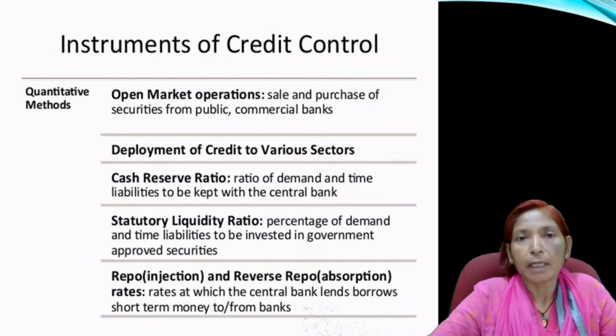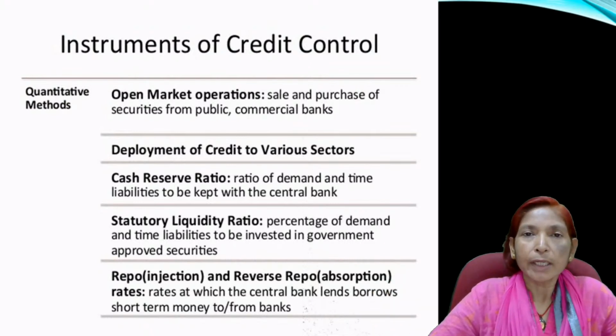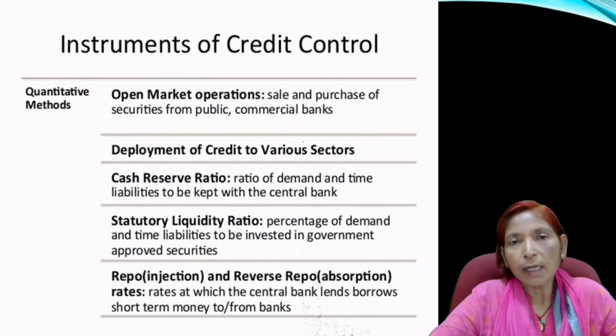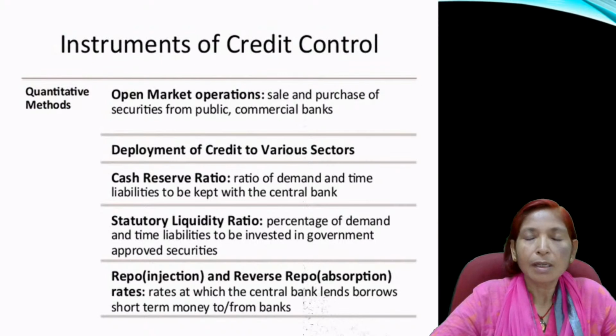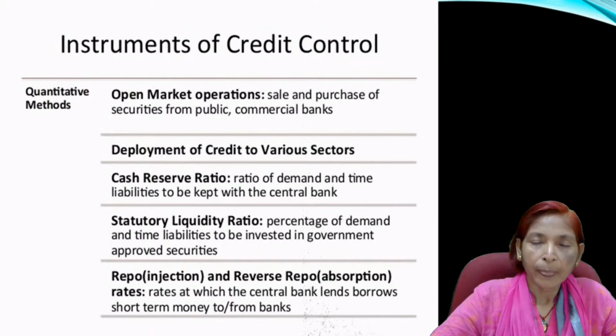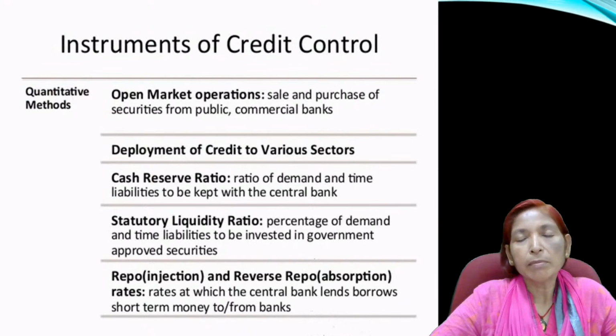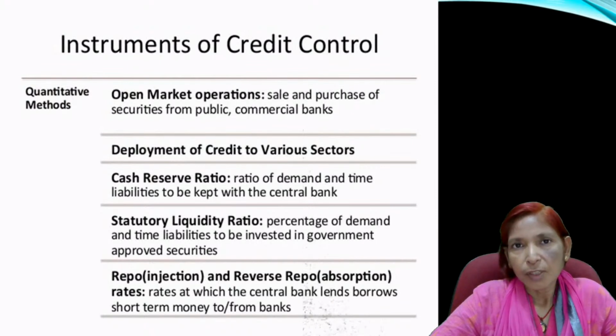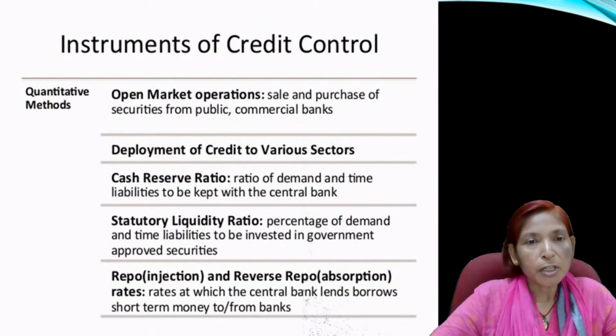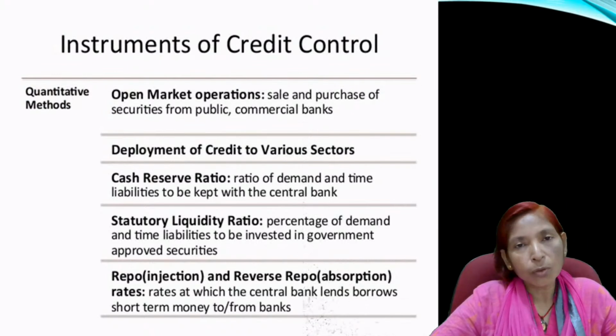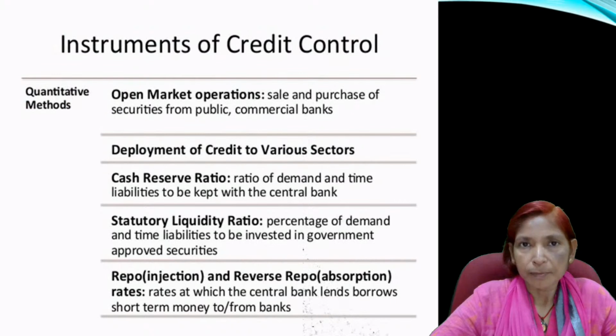Now, what is bank rate? Bank rate is the rate at which the Reserve Bank of India provides loans and advance facilities to the commercial banks. If the bank rate increases, then loans will become more expensive. In this case, commercial banks will take fewer loans from the RBI.